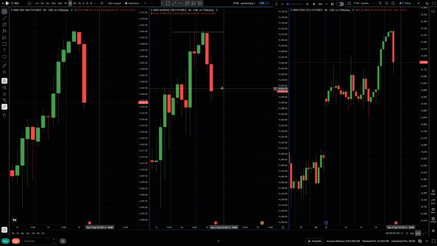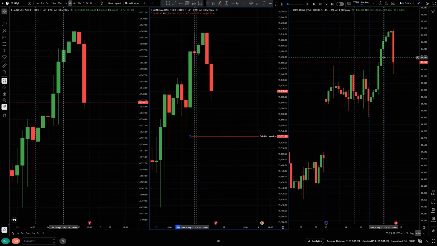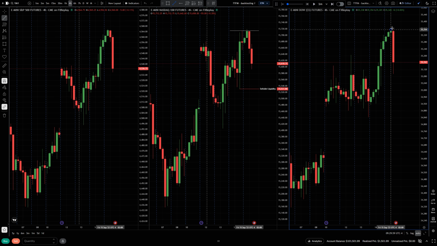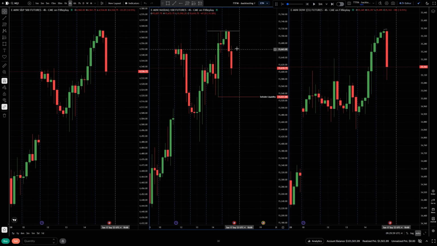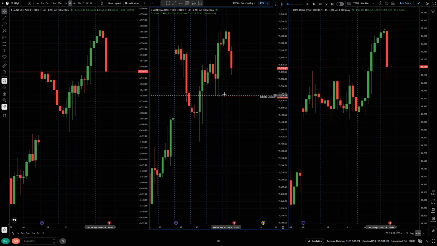NQ has the best looking framework to get to its previous day low, while you can see that YM is still inside this huge gap, and we have SMT and PSP at the highs with NQ. So NQ is currently the leading asset to the downside.